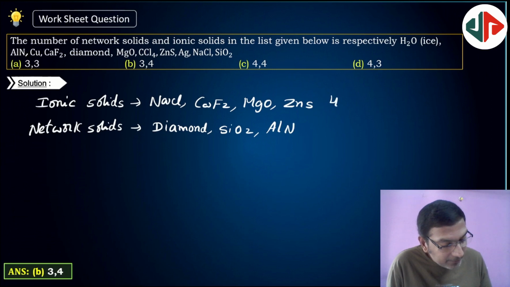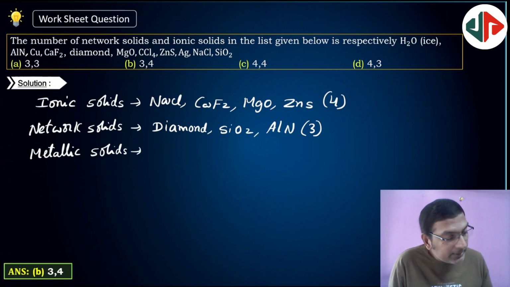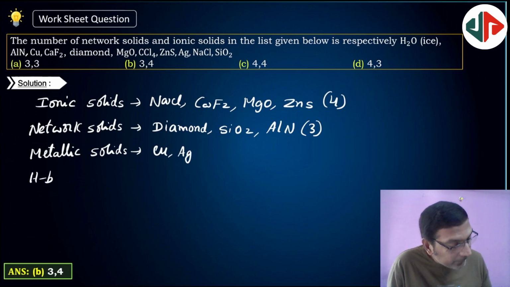That means here 4 and 3. Next, metallic solids are there. What are metals? Cu and Ag. Next, hydrogen bonded molecular solids.